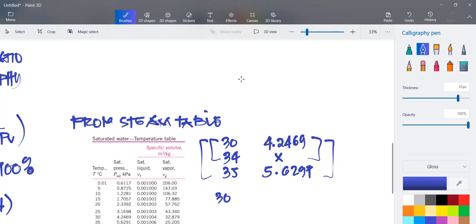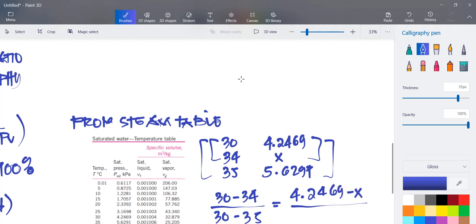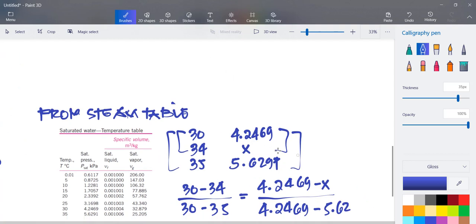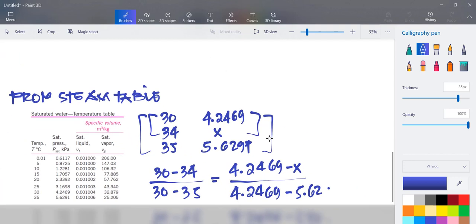Okay, so interpolating that one. So we have 30 minus 34 over 30 minus 35, that will be 4.2469 minus the X, then divided by 4.2469 minus 5.62191.